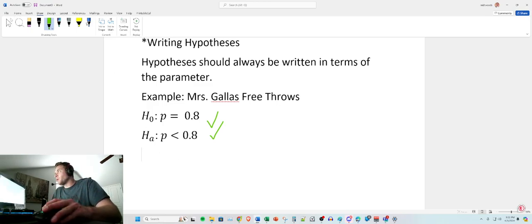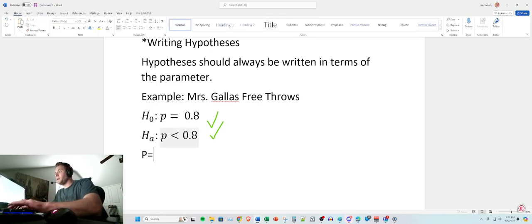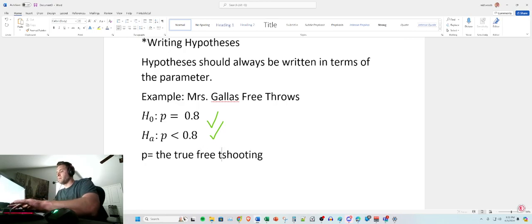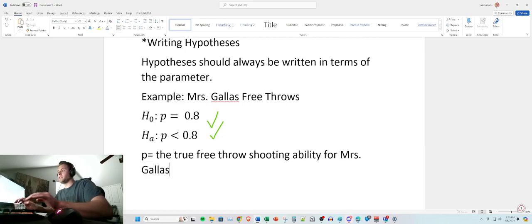We do want to add one more little part to this, which is we want to define what P actually is. Okay. So P equals the true free throw shooting ability for Miss Gallus.